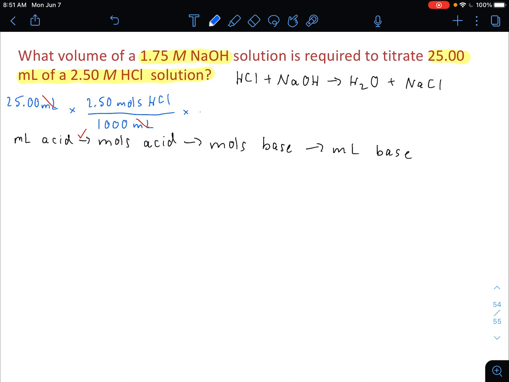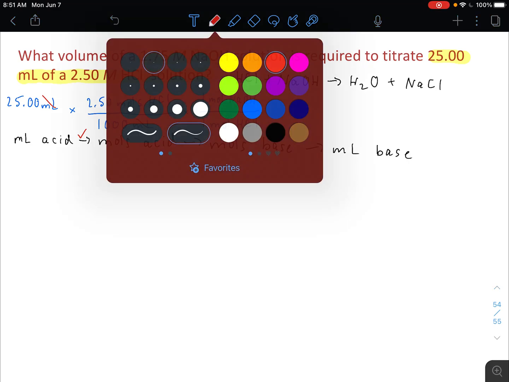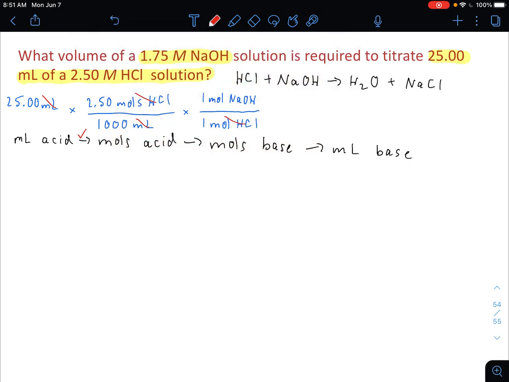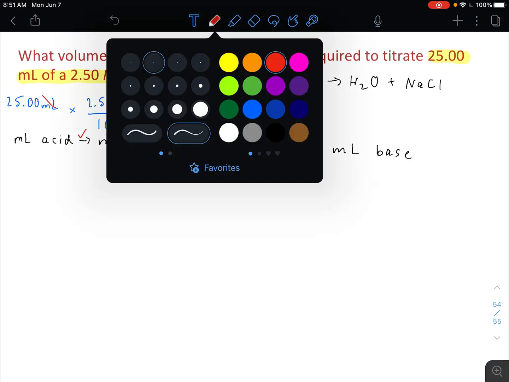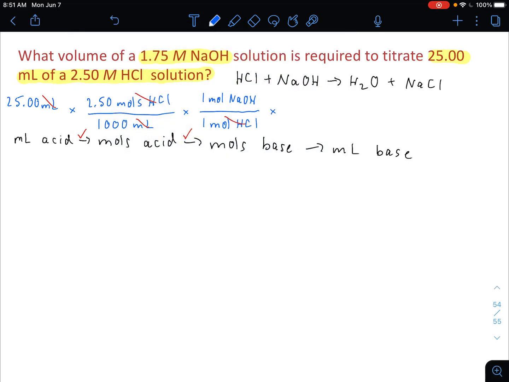Then the balanced equation is pretty straightforward: 1 mole HCl is reacting with 1 mole NaOH. So now we're out of moles of acid and into moles of base. And then finally, molarity upside down, so 1.75 moles NaOH per 1,000 milliliters.